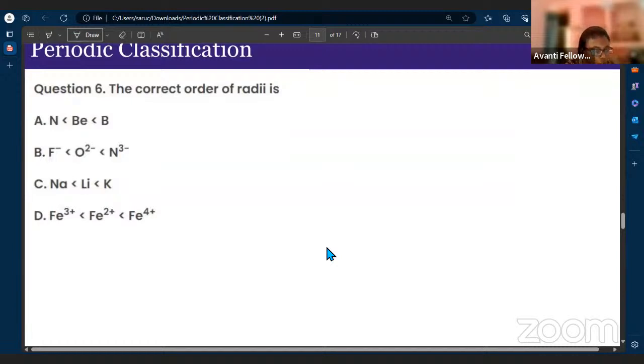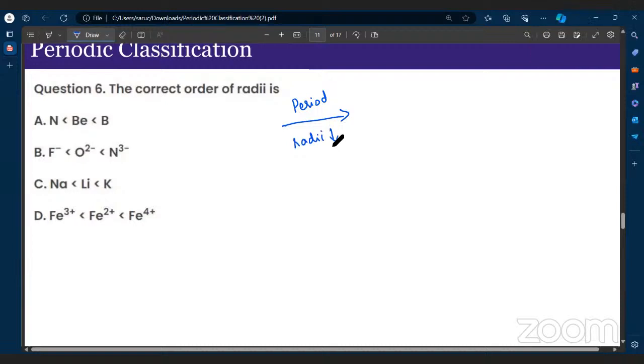Now moving to the next question: the correct order of radii is. Which is the correct order of radii? The options are nitrogen, beryllium, boron, F minus, O2 minus, N3 minus, sodium, lithium, potassium, Fe3 plus, Fe2 plus, and Fe4 plus. We know that when you move along the period, the radii decreases.